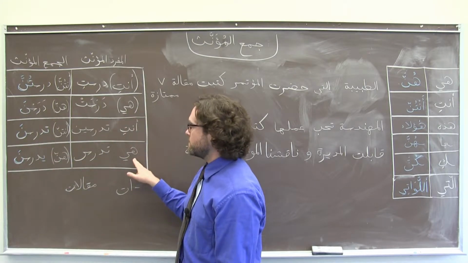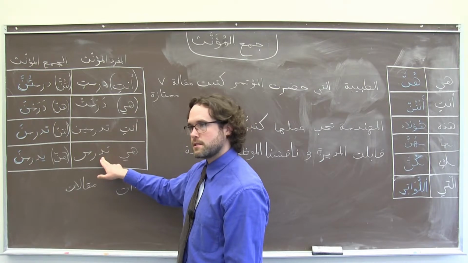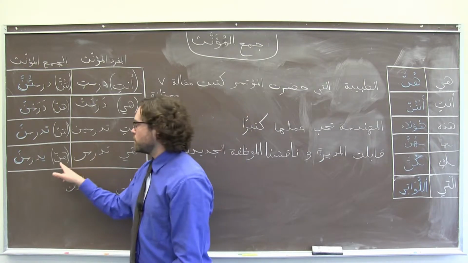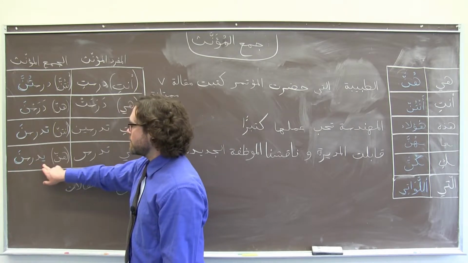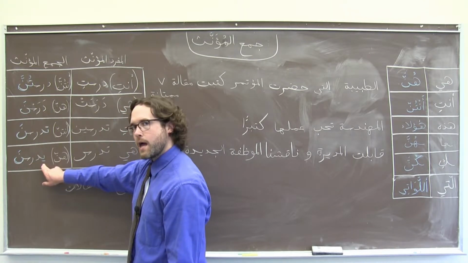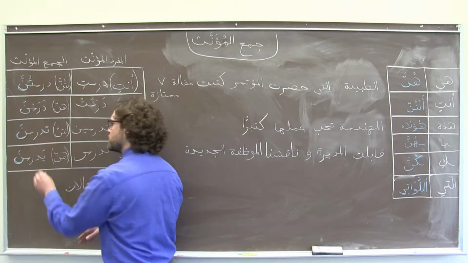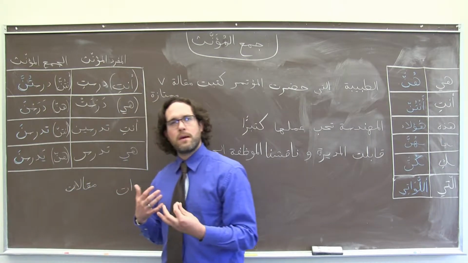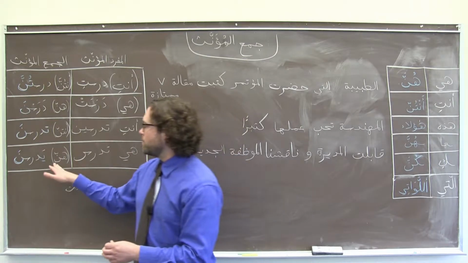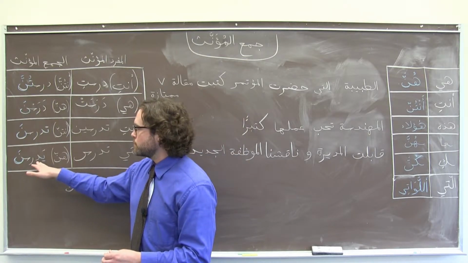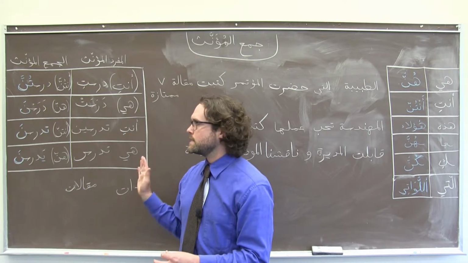And instead of she studies, singular, hiya tadrus, we would say hunna yadrusna. Notice that unlike the other combinations, we keep that ya at the beginning, which is a prefix that you might associate with masculine verb conjugations. Huwa yadrus, he studies. But in the feminine third person plural, we're going to say hunna yadrusna.